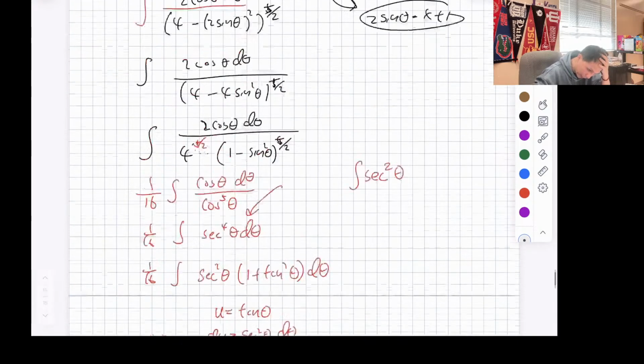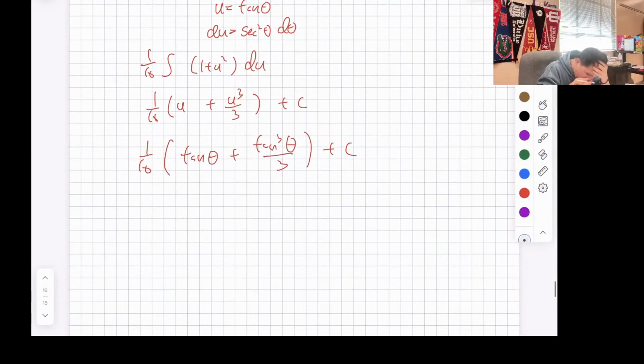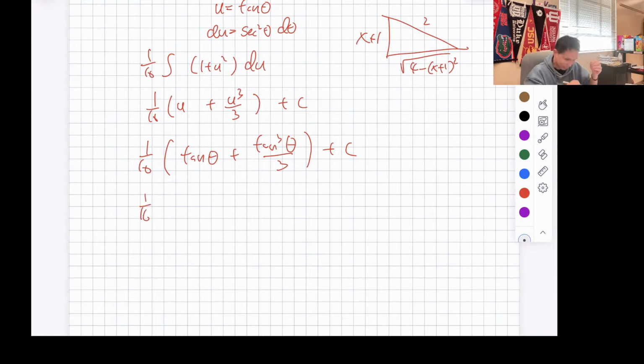Now we're going to go back and look at the triangle that we did. So the triangle is right here. Let me copy it. This is x plus 1, this is 2, right? And what is this one? Square root of 4 minus (x plus 1) squared.